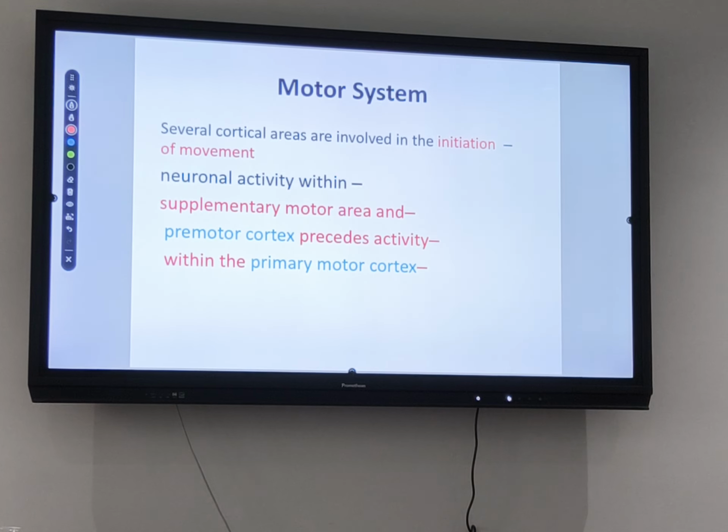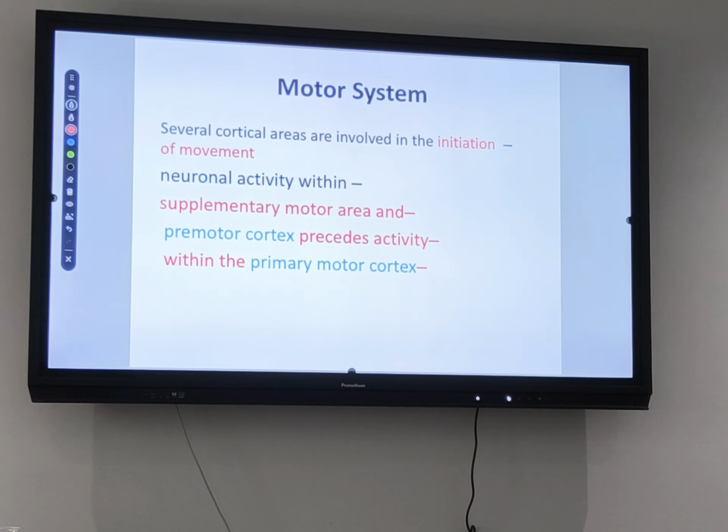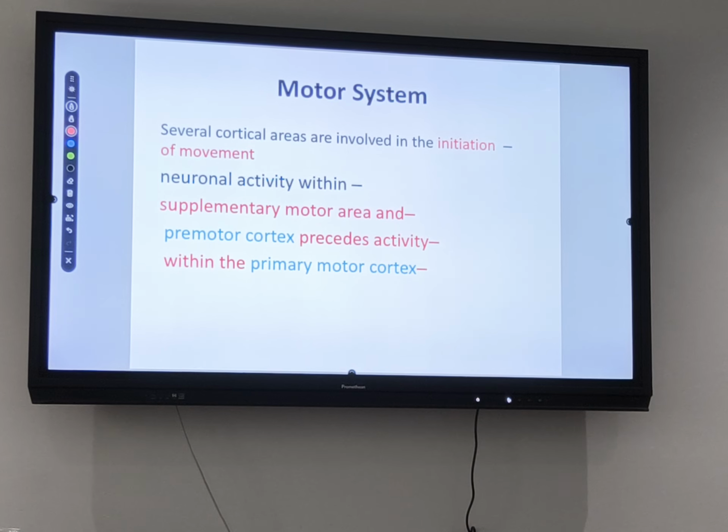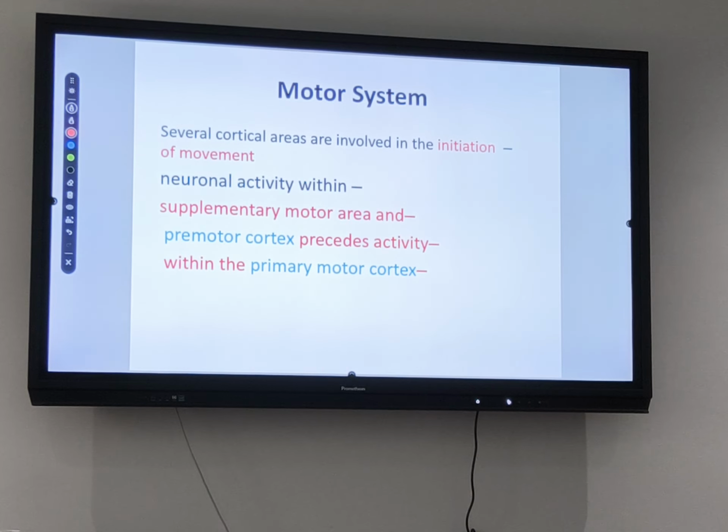It means that if you want to do any activity, you need to activate different parts of the pyramidal system, of the cortex.